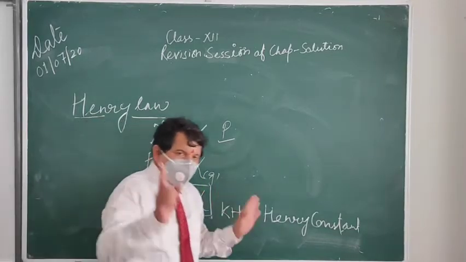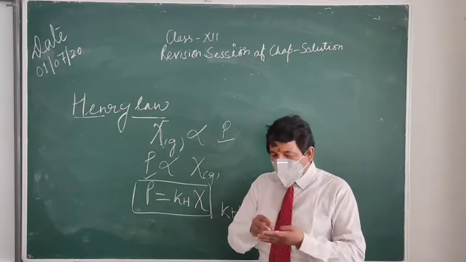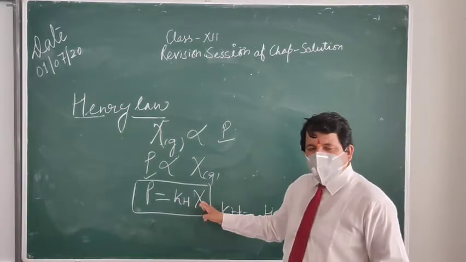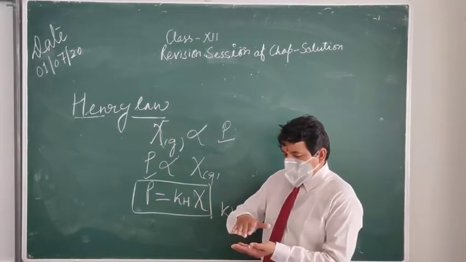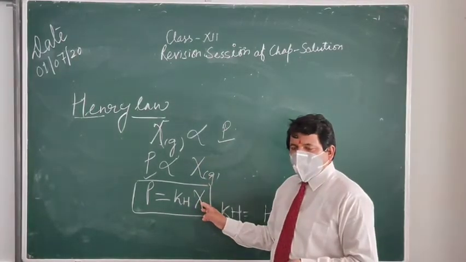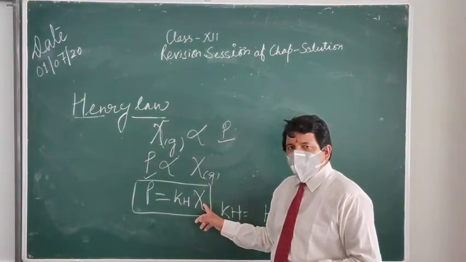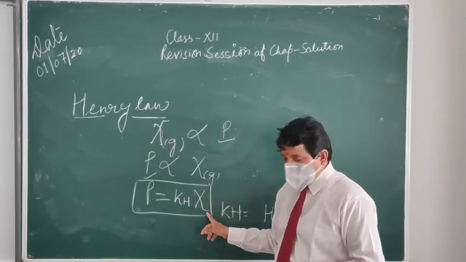Mole fraction is nothing else, it's simply the amount of gas. If pressure is higher, the mole fraction will also increase. If pressure is lower, the mole fraction of gas will also decrease.